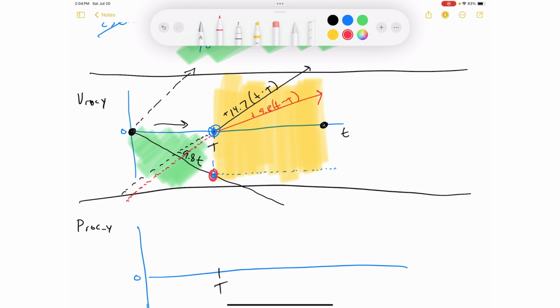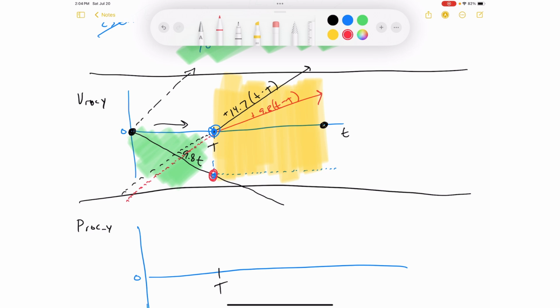Negative 9.8 times big T. Whatever T is. So this point is correct, because the 14.7 and the positive 9.8 are at 0 there. So basically you're just saying 0 plus a negative 9.8 times big T.